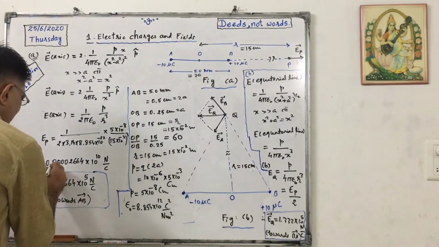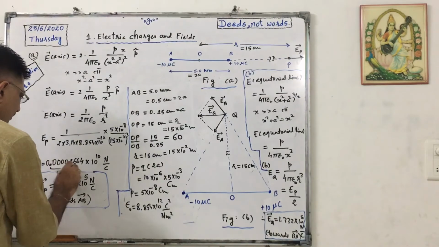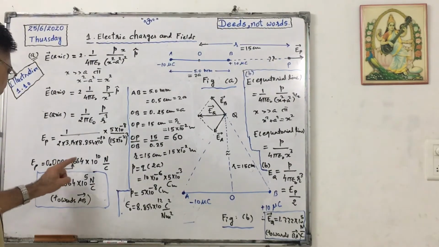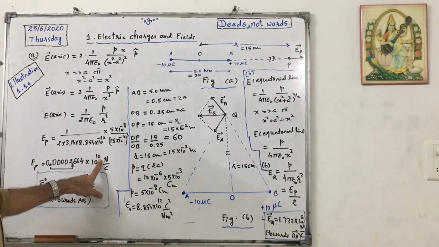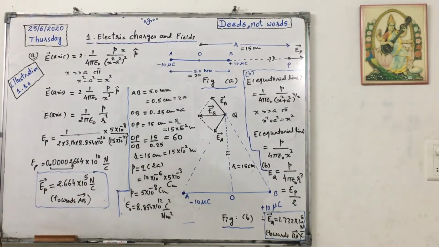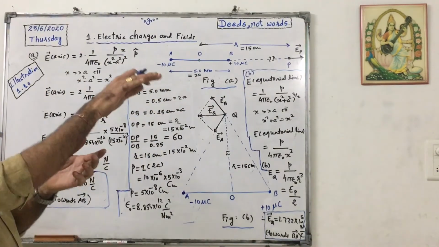If we bring the decimal point here, it will become 1, 2, 3, 4, 5, so 5 powers I have to deduct. So 2.664 into 10 raised to 5 Newton per coulomb. Direction of course is towards vector A.